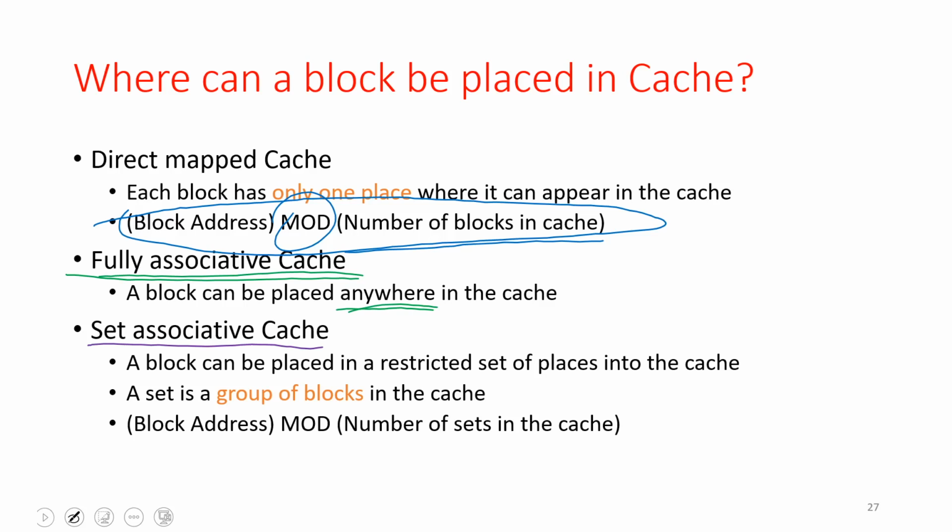The main difference is that we do the calculation slightly differently: block address modulus the number of sets in a cache will give us the place where we are storing. We will come back to this in more detail at a later point in the course, but this is just to understand where things can be stored.